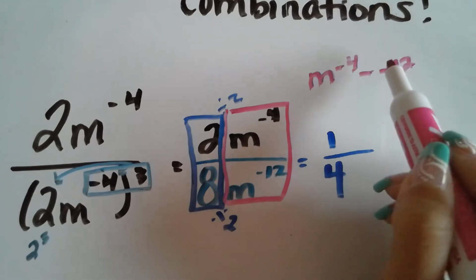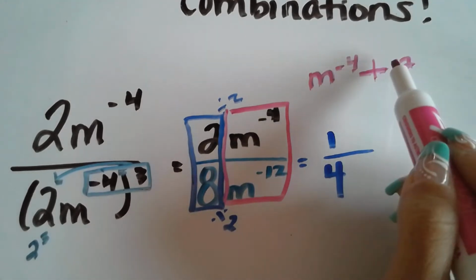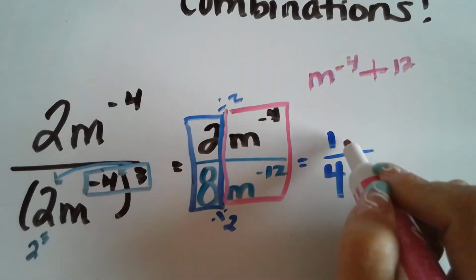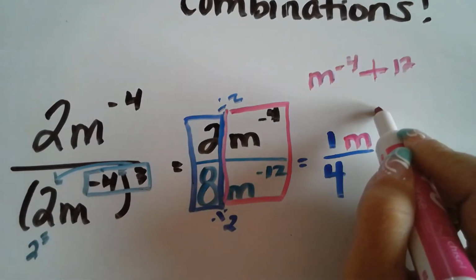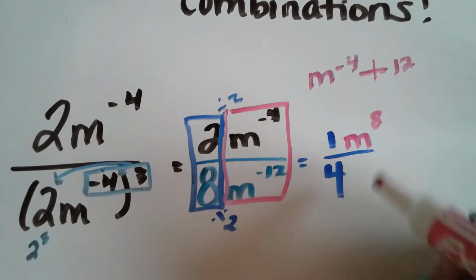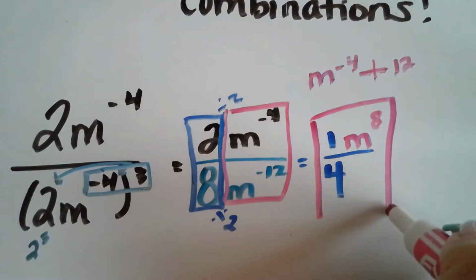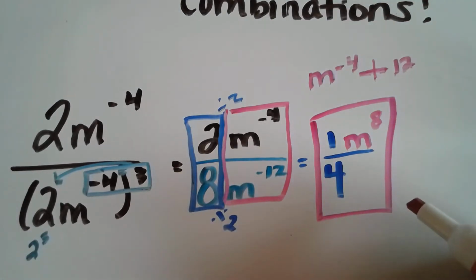So we know that a negative makes a positive. So m to the -4th plus 12 is going to be m to the 8th, because -4 plus 12 is 8. And that's a positive exponent, and we don't have to do anything else to this one, and that is your final answer.